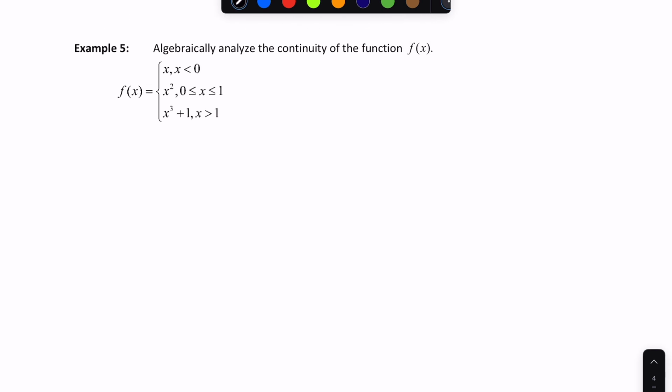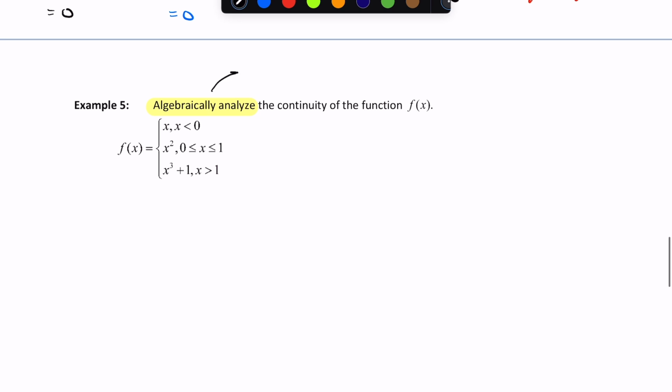Okay, so let's look at example number 5. Here it says algebraically analyze. So what does it mean to algebraically analyze? Algebraically analyze means to use formal limit definitions. So algebraically analyze the continuity.